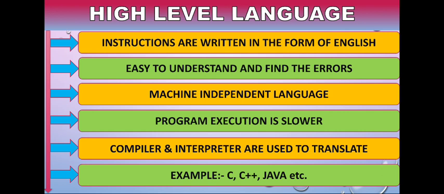It is a machine-independent language, meaning the programs created on one machine can be used on another machine. But to translate the high-level language into machine language, two translator programs are used: one is the compiler and the other is the interpreter. Some examples of high-level languages are C, C++, Java, Python and many more.